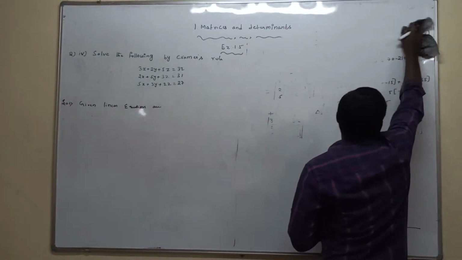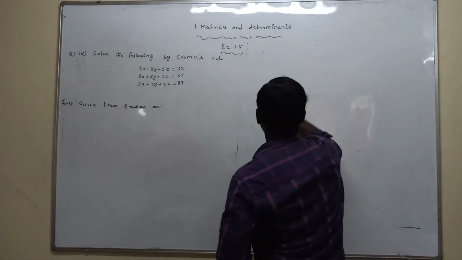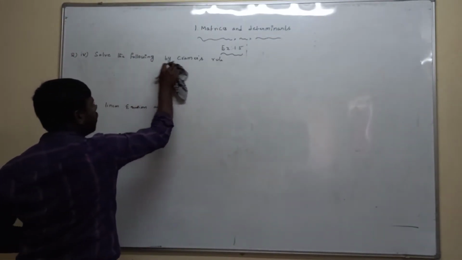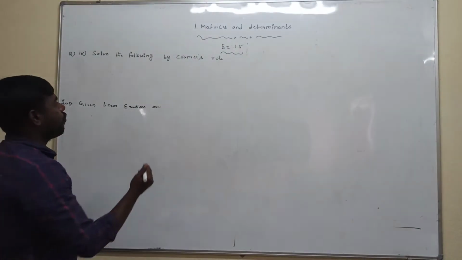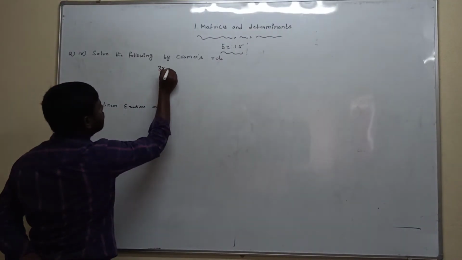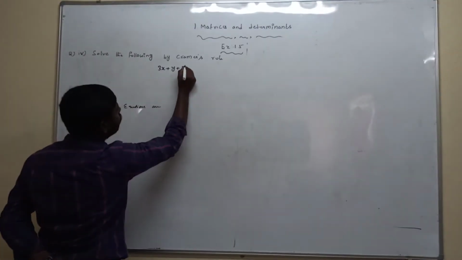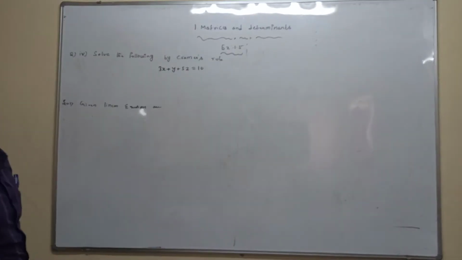What is the given? Solve the following linear equations by using the Cramer rule. So what are the given three linear equations? First linear equation is 3x plus y plus 5z is equal to 10.